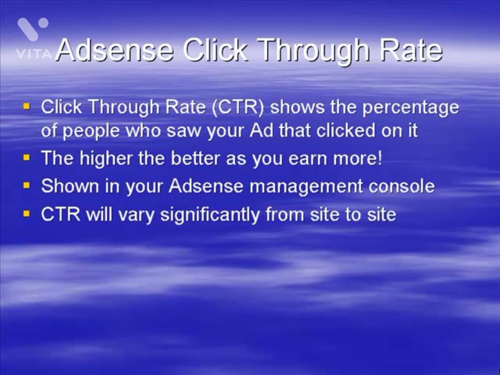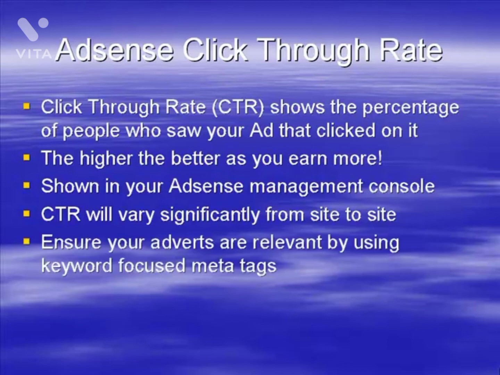What I have noticed in my experiments is that the CTR will vary significantly from site to site. It will vary from niche to niche. It will vary according to where the adverts are placed. There's so many different variants here. So you need to test on every single site to find the best possible click-through rates. Now you need to ensure that your adverts are relevant before we go any further.